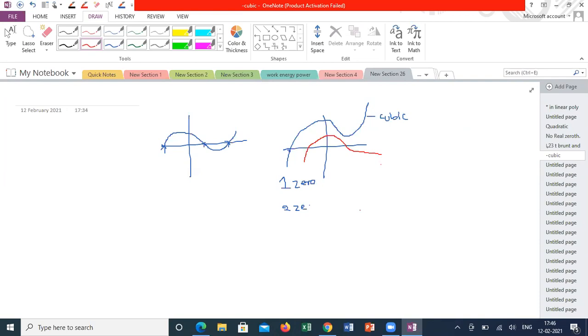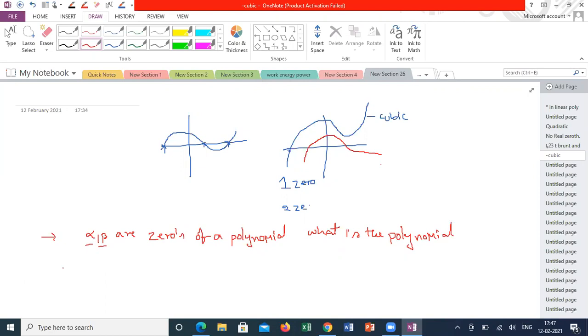Suppose I am giving the zeros of a polynomial, say alpha and beta are the zeros. How will you create that polynomial? Find the polynomial whose zeros are alpha and beta.